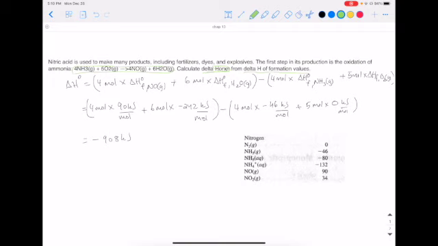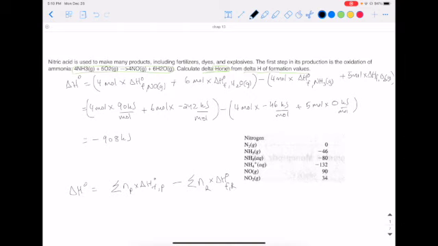So to calculate the delta H of reaction, all I need is to use that formula that was given earlier in the notes, which just says that the delta H is going to be equal to the sum of the number of moles of the product times the delta H formation of the product minus the sum of the reactant coefficient times delta H formation of each reactant. So I'm applying it to this reaction.